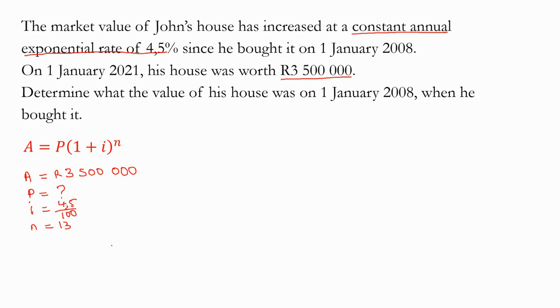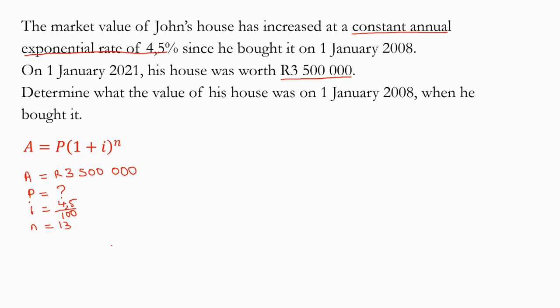Please take note that N is not the number of years. N is the number of times the interest is added. But here, because the rate is annual, the interest is going to be added 13 times. So the number of times the interest is added is equivalent to the number of years. But take note, N is not the number of years.